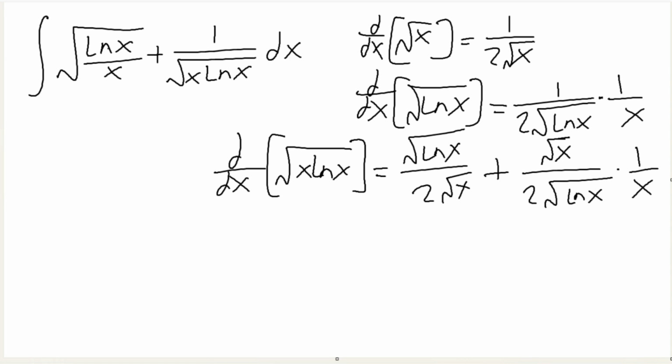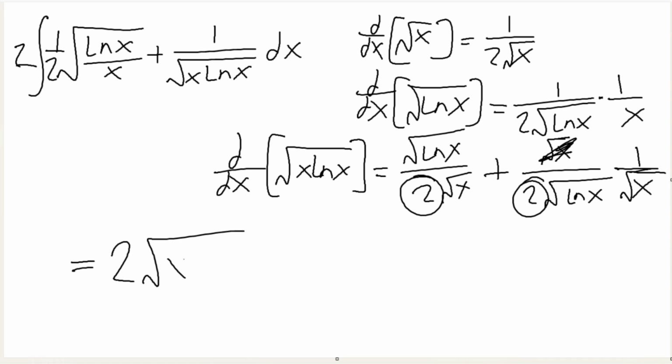For this, here, and this cancels out. Oh, I'm sorry. Well, not really cancel out, but this becomes a square root when simplified. And the only thing is, we just don't have a coefficient here, right? So we need a half. And then times 2. And so now, our answer is 2 times the square root of x ln of x plus c.